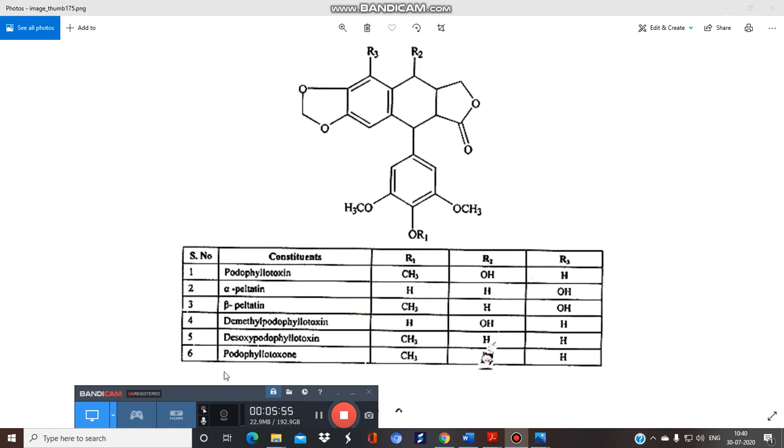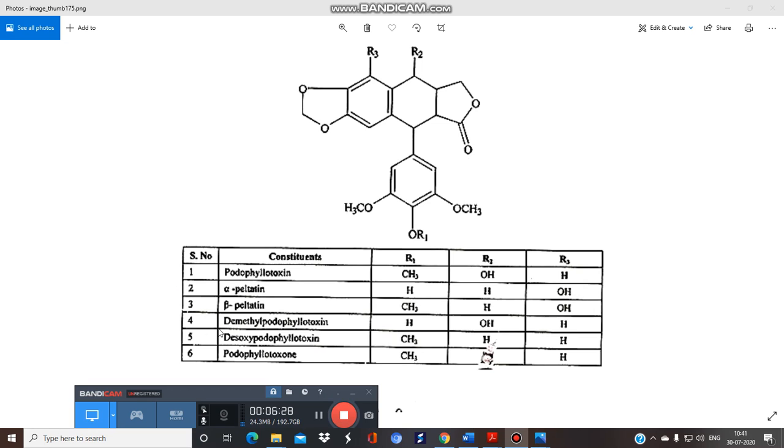In the end you have to remember some of the chemical structures also. Recall this basic nucleus and these are the constituents. For example, in case of podophyllotoxin, R1 is CH3, R2 is OH, and R3 is H. For alpha and beta peltatin, R1, R2, R3 are H, H, OH. This one, H, H, OH, becomes alpha peltatin.